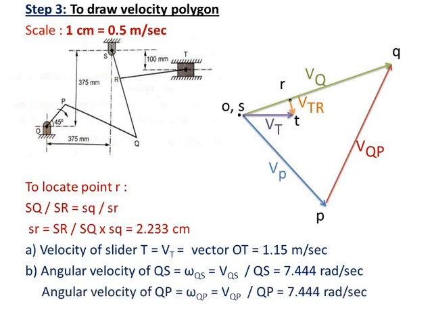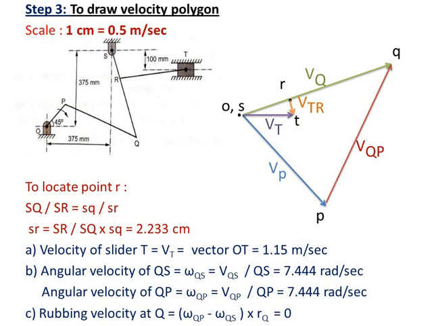In the same way we have to find the angular velocity of link QP. Again omega QP is equal to VQP divided by length QP. To get VQP, measure this velocity vector QP, multiply it by scale and divide it by the length of link QP. It will give you the same value, 7.444 radian per second.